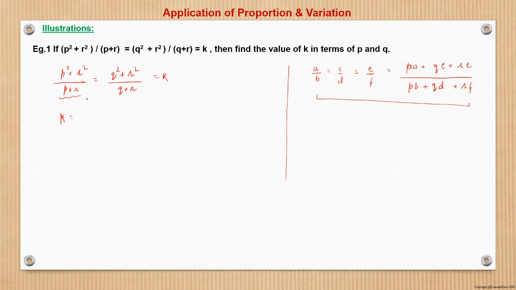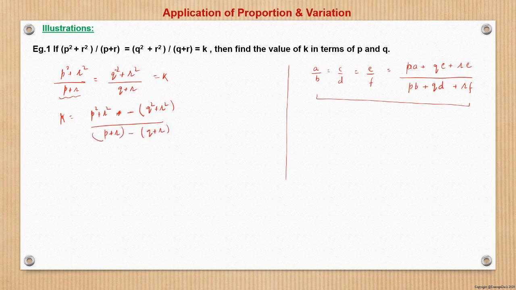So we can write this as the first term, p square plus r square, minus (q square plus r square), upon p plus r minus (q plus r).